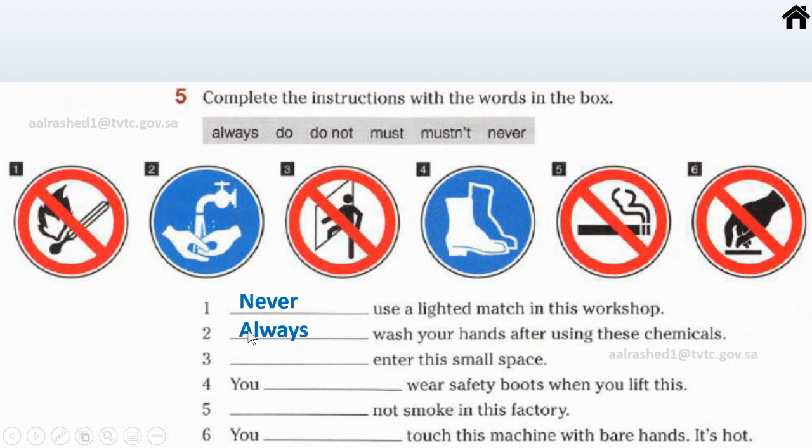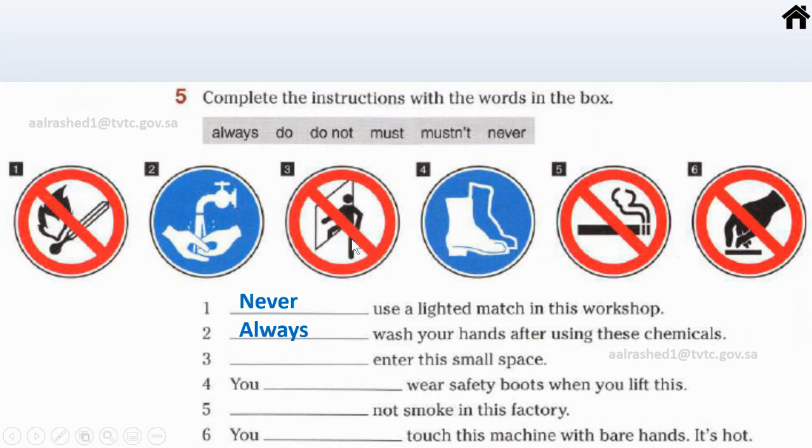But if you use always alone in the beginning, it tells you like 100% of the time you must wash. So this is a rule that you mustn't break it. We don't need to break it. We shouldn't break it.